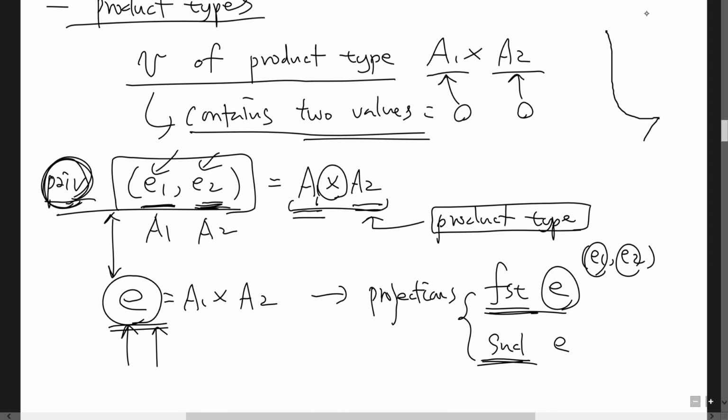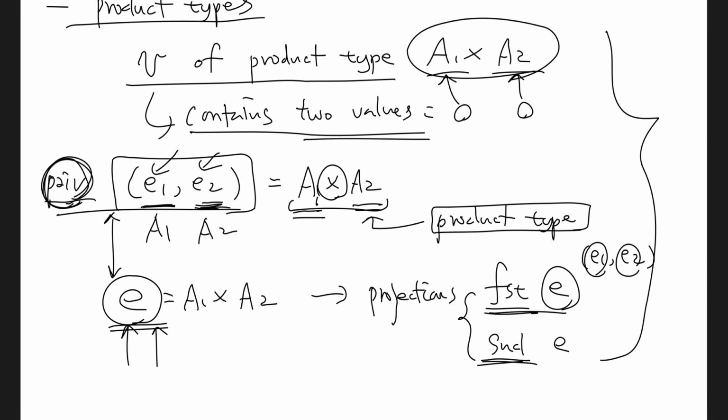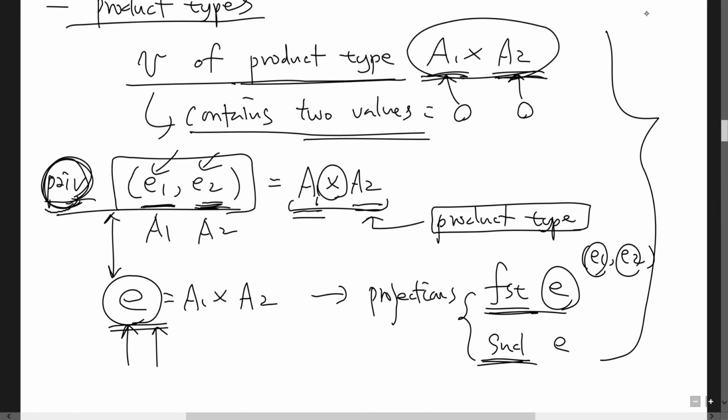So in summary, for product types, we will introduce a new form of types called the product type of this form, A1 times A2. And the idea is we are going to carry two values, one of type A1 and another value of type A2. And in order to create an expression of a product type, we use a pair of this syntax.